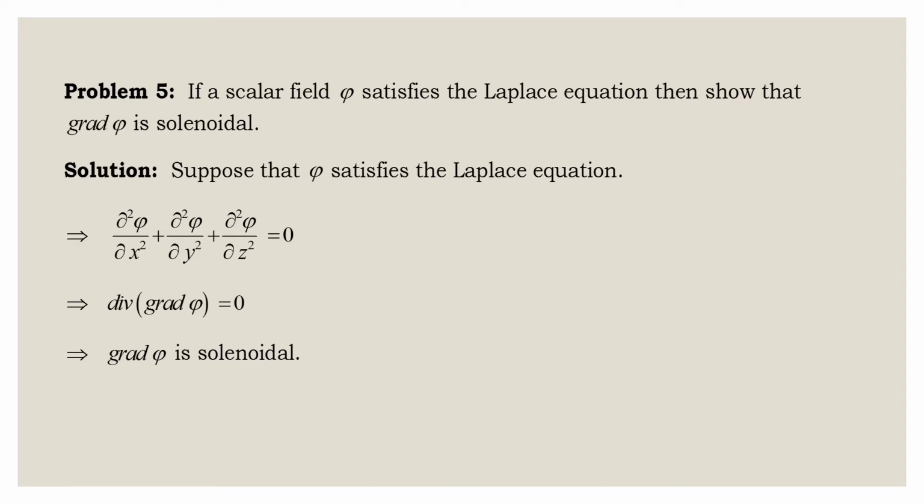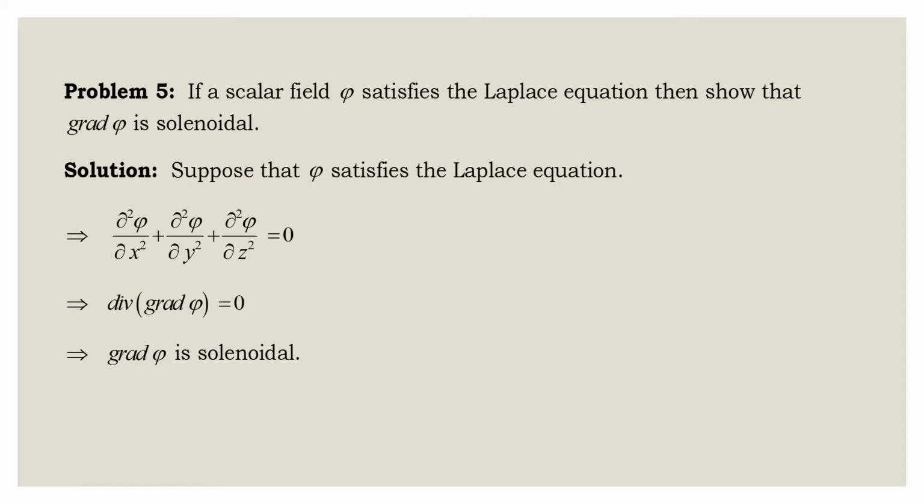Here, we observe that the divergence of del phi, or gradient of phi, is 0. Gradient phi is a vector field. In this problem, its divergence became 0. If the divergence of a vector field becomes 0, that vector field is called a solenoidal vector field.